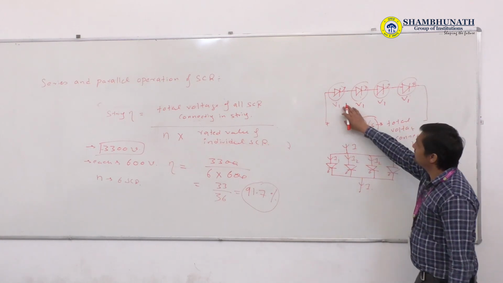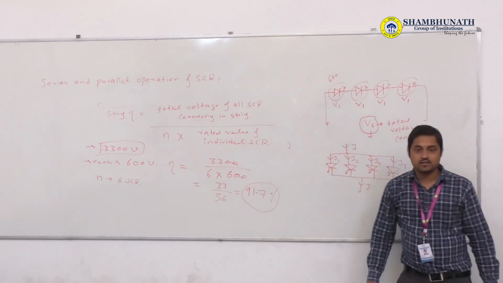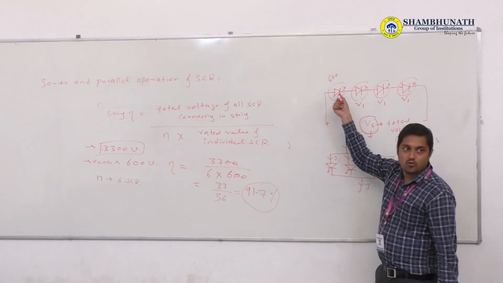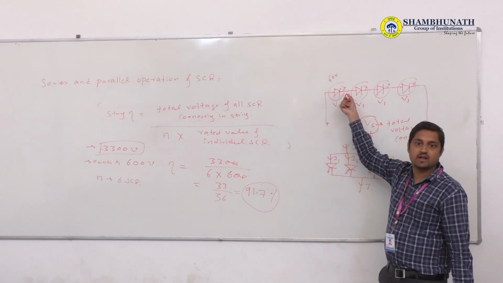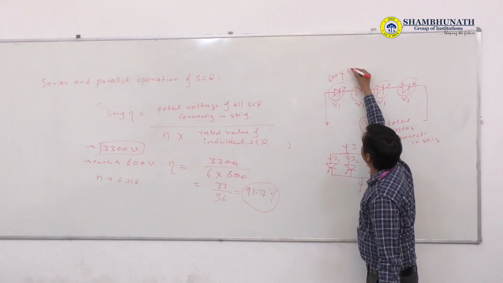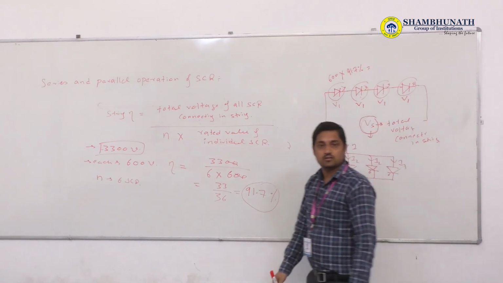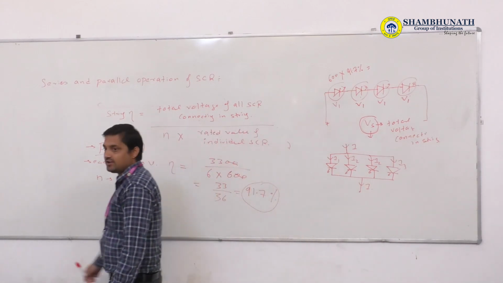Suppose the breakdown voltage of an individual SCR is 600. Then the voltage it can bear right now is 600 times 91.7%. This is known as string efficiency.